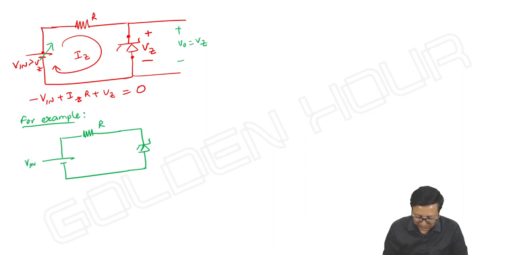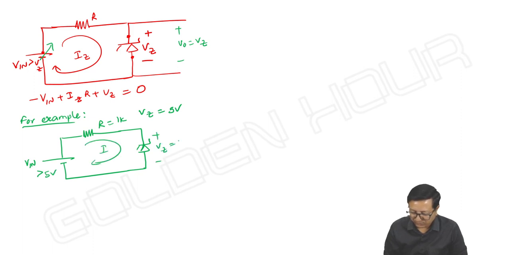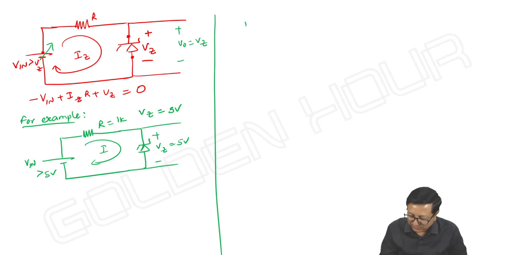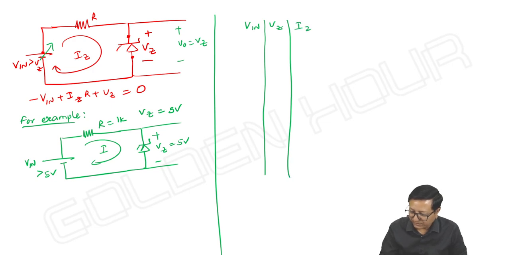R is equal to 1k, Vz is equal to 5 volts, the input is greater than 5 volts, and there is a current flow. The output voltage is Vz equal to 5 volts. I'm preparing one table: V input, Vz and Iz.